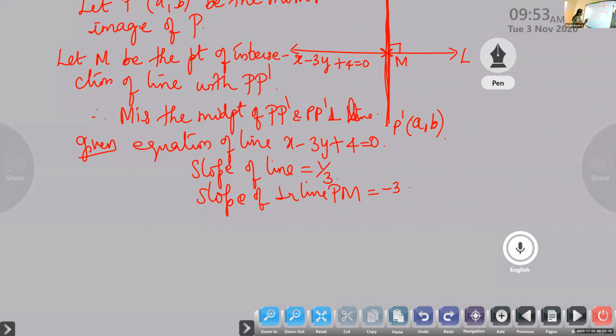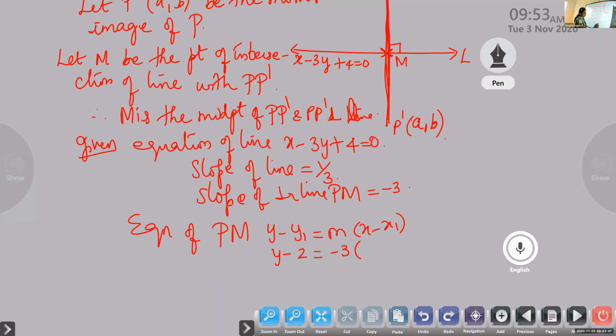So what will be the equation of PM? You can use the point slope form: y minus y1 is equal to m into x minus x1. The point given is (1, 2), so y minus 2 is equal to -3 into x minus 1.